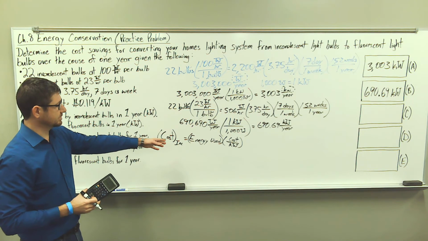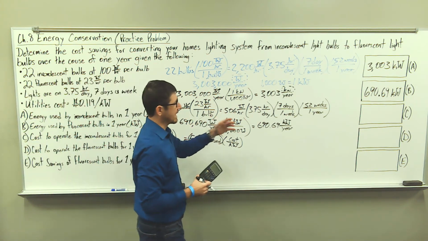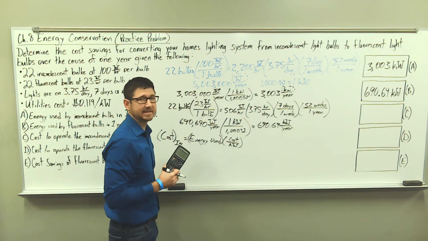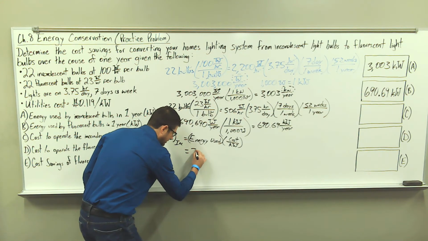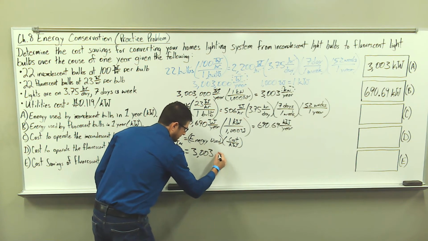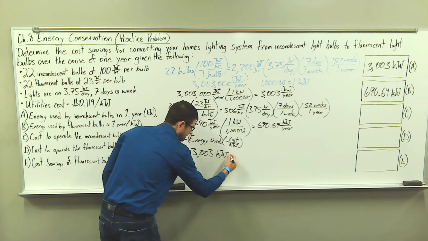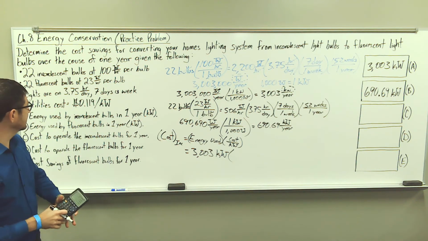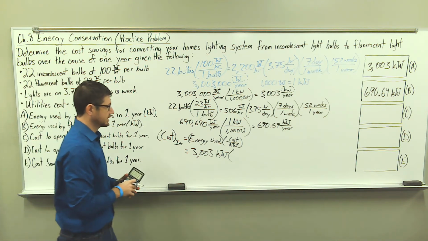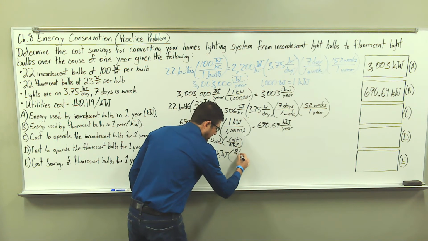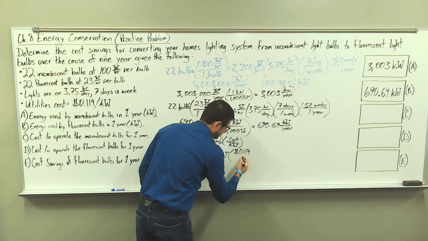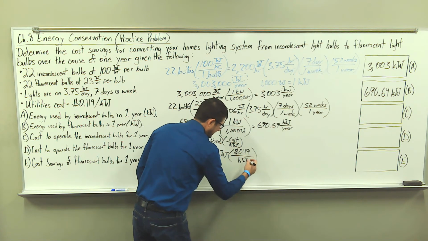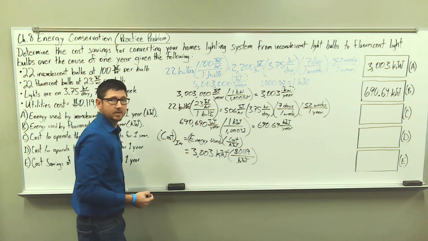So our energy used, we need to take a look at our calculated value for part A. This is going to be 3,003 kilowatts. We are going to multiply this by the cost per kilowatt right here. So in dollars, we have 0.119 per kilowatt. The units of kilowatt will cancel.